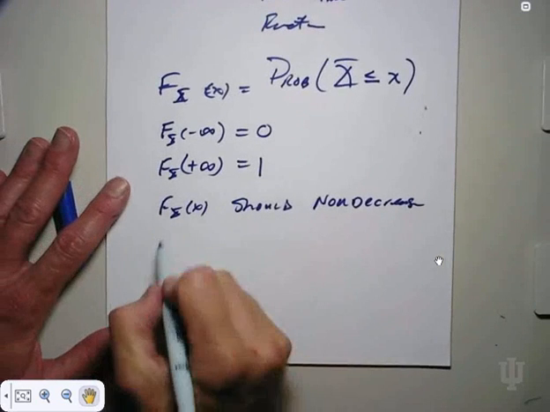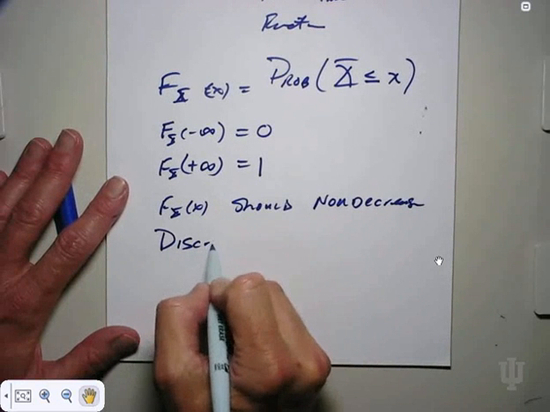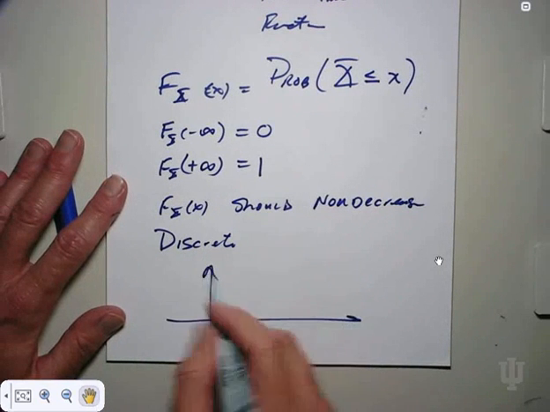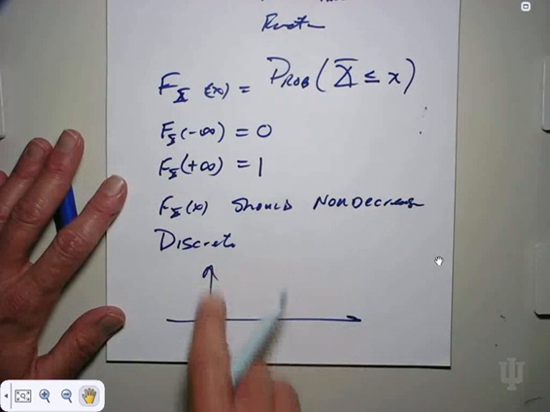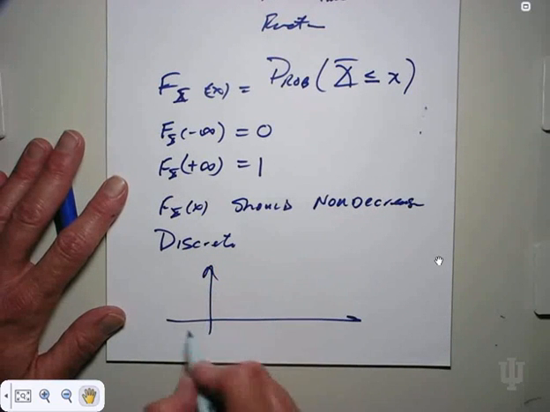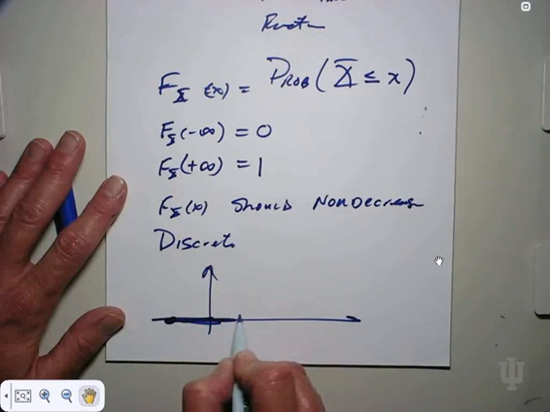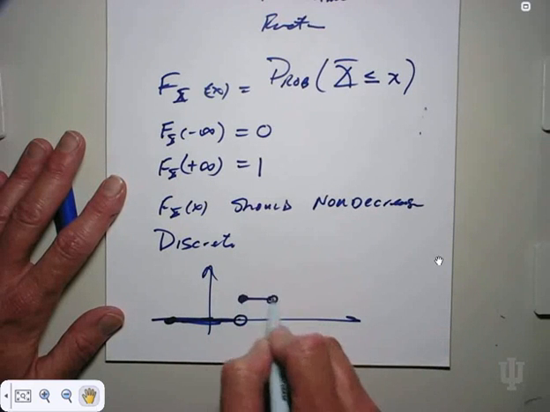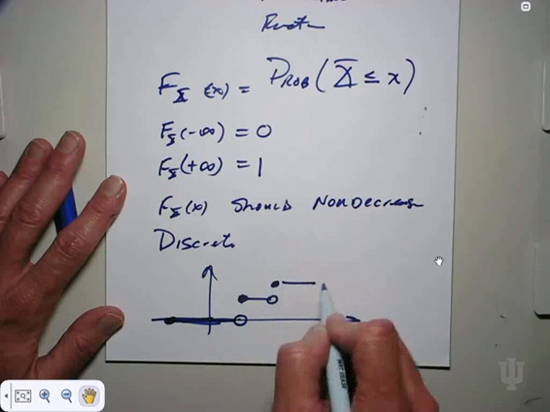For discrete, what we found, we saw pictures like this. Remember, this is probability here, so you're between 0 and 1. So you're here, and then you're there. And then you're here, and then you're there, and so forth.